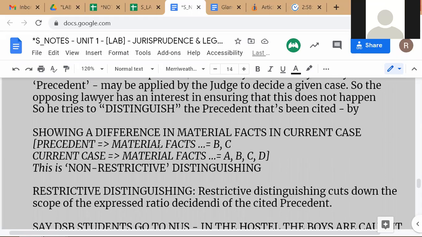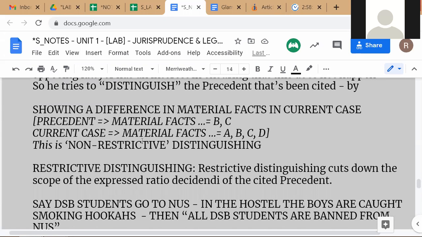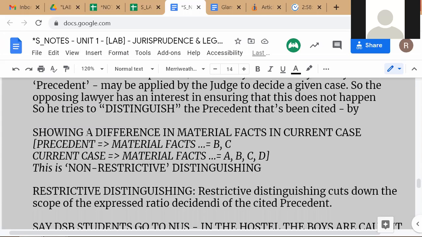Two types of distinguishing. If you can show a difference in material facts, for instance, if the precedent that is being cited has two material facts, B and C, and in your case there are actually additional material facts A and D, then you can distinguish.